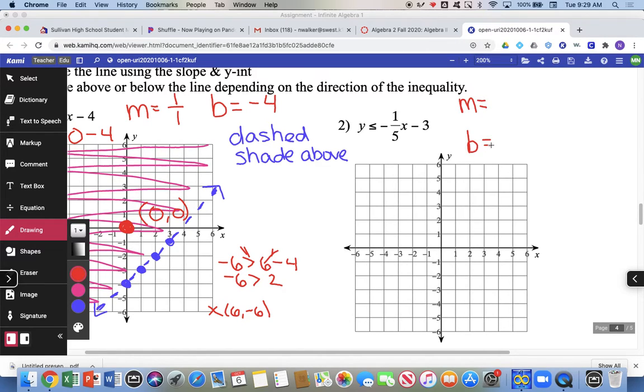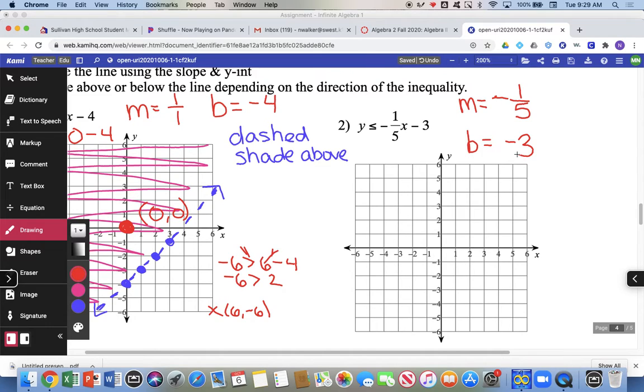All right, now this is in slope-intercept form. Which number is my slope? Negative 1/5 is my slope, and my b value is negative 3.